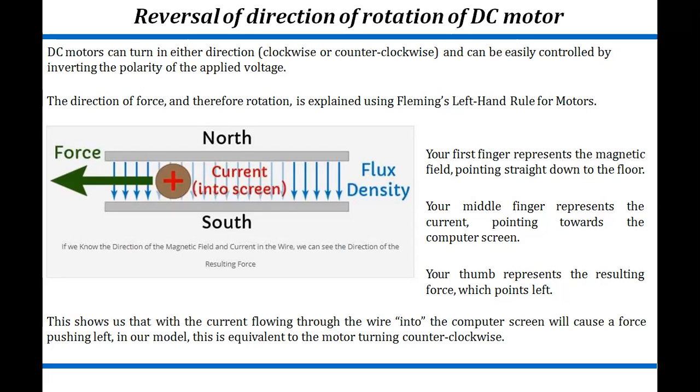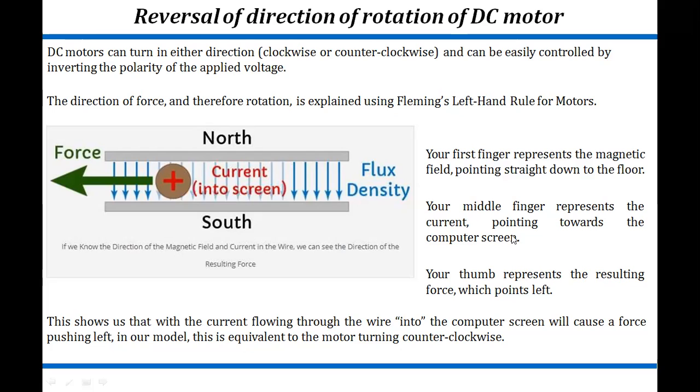Fleming's left hand rule states that if our first finger points downward, representing the magnetic field, our second finger represents the direction of current, perpendicular to the first finger, going towards our computer screen. At that time our thumb will show the left direction.